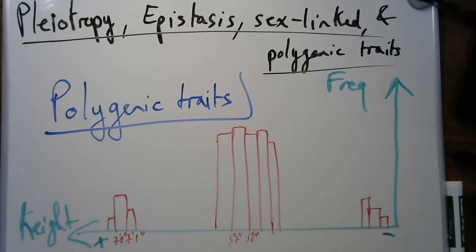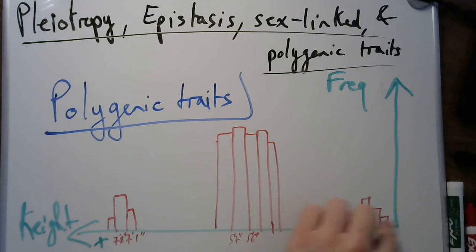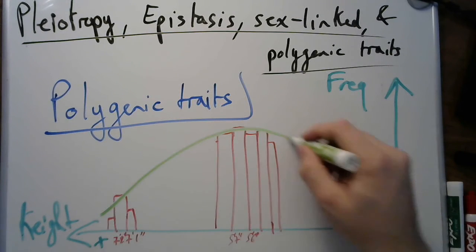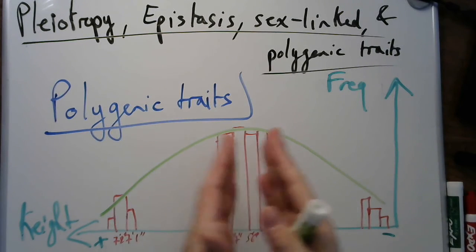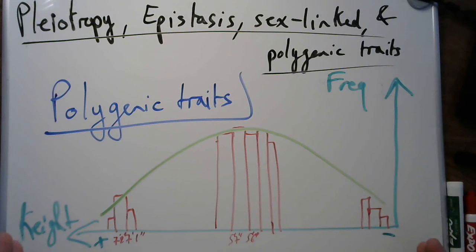I'm not going to make all the bars. Usually, although it's not correct mathematically, people just use that normal distribution slope to show it, although you need to know that behind it you have to count individuals, so it's not a line, it's a bunch of bars.